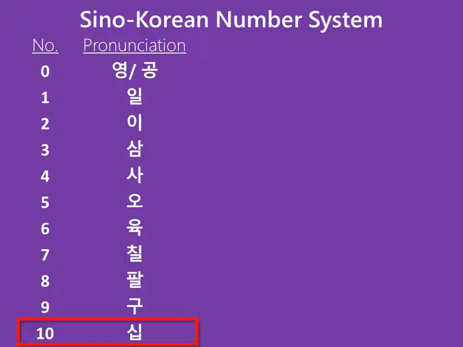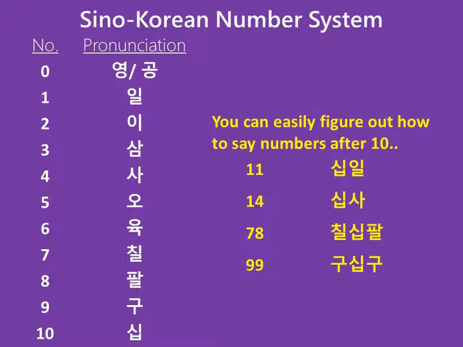Okay? If you've got all that up to 10, then you can easily count anything between 10 and 99. For example, for 11, you can say just 10 and 1 combined together as in 11, okay? And also for 14, you say 10 and 4 together.